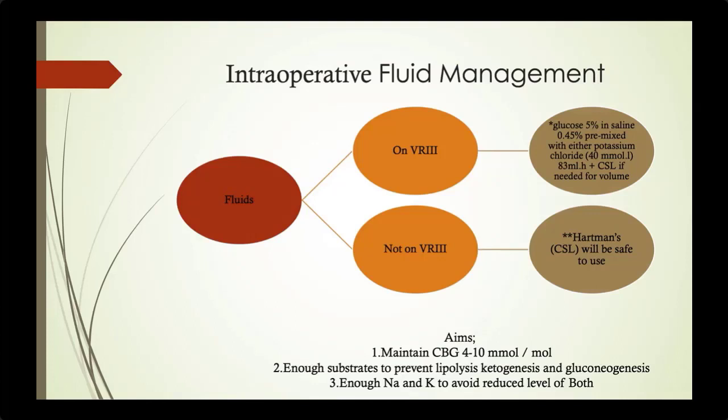You have to give enough sodium and potassium, because let's face it, if you give them dextrose 5% and 0.45% saline, they will develop hyponatremia, and if they're having insulin, they will develop hypokalemia. So you have to be reasonable here. They appreciate in the recommendations that most institutions don't have the above fluid, so you may give them Hartmann's so long as the liver is fine, and that's acceptable practice.